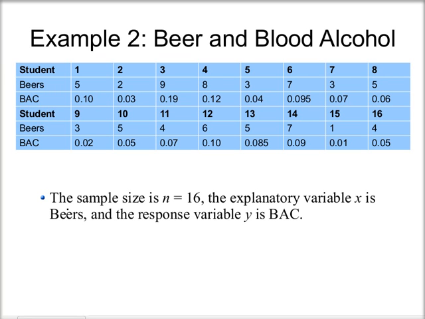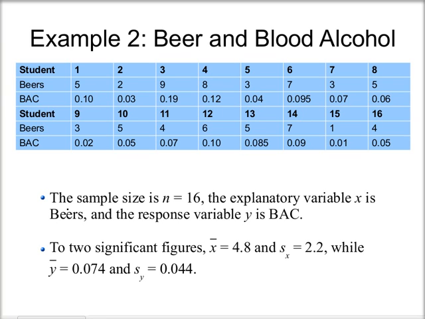So I'm going to give you the means and standard deviations for these here, so we don't have to do too much work for our example. And these are given to two significant figures. And that means that if we ignore any leading zeros, like these two zeros in my standard deviation of y, then I've got 2 digits after those zeros.